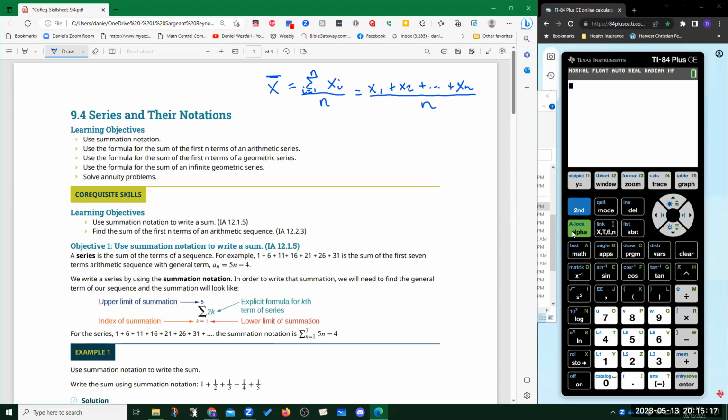Another place that you're going to see them, if you are in calculus, like I was saying before, is that we're going to see series that are related to summations.